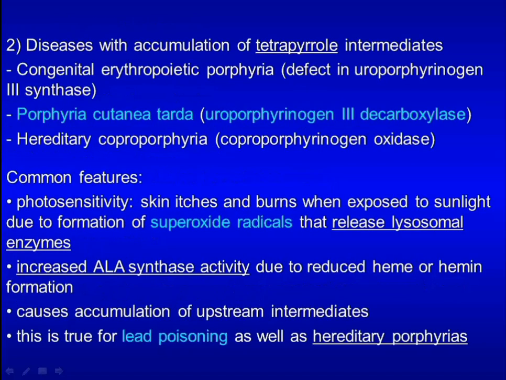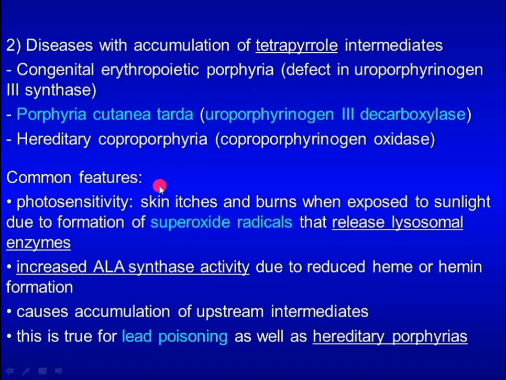Second group of porphyrias has accumulation of tetrapyrrole rings. These include congenital erythropoietic porphyria, porphyria cutanea tarda, and hereditary coproporphyria. Porphyrias in this group share common features.